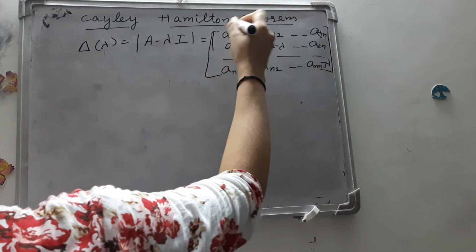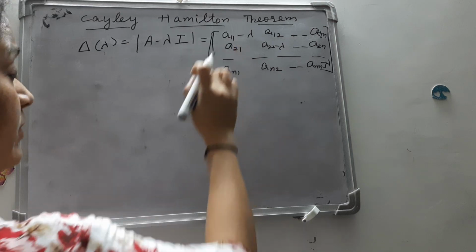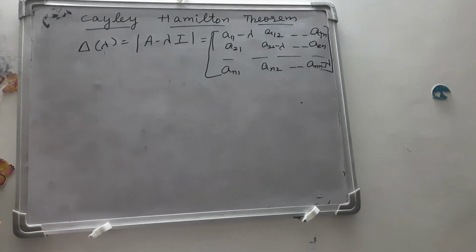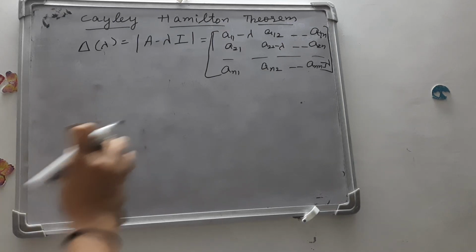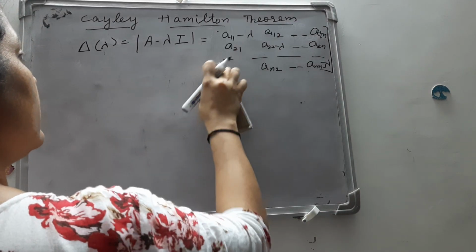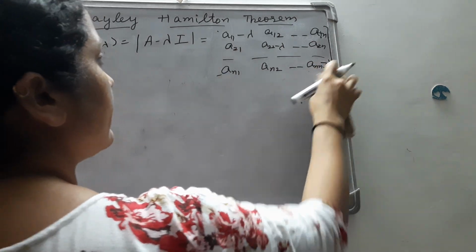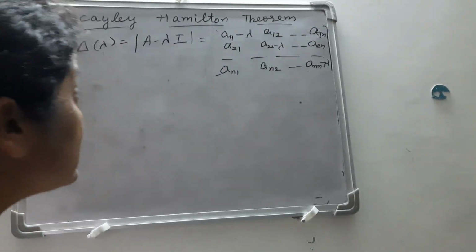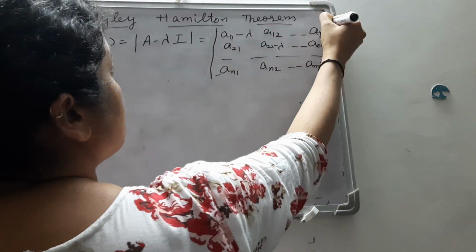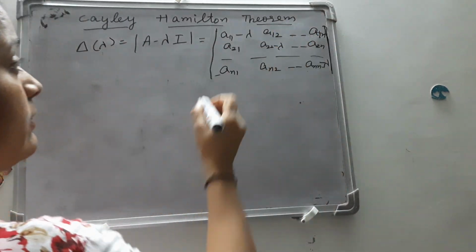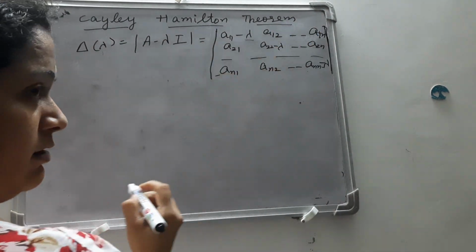When we solve this determinant, it is a polynomial in lambda.